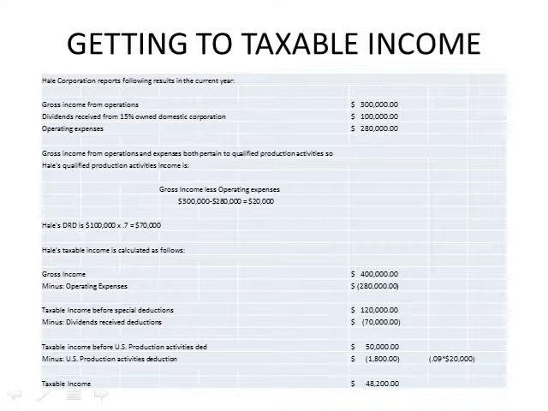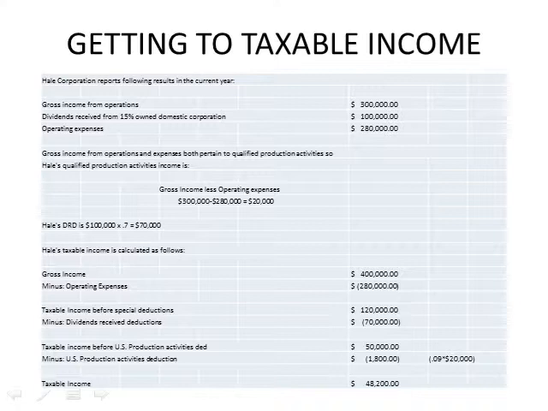Using this information, we can calculate the taxable income as follows. Their gross income, remember, income from all sources, is $400,000. That's the $300,000 in income from operations plus the $100,000 in dividends received. Less the operating expenses of $280,000 gets us the taxable income before special deductions.